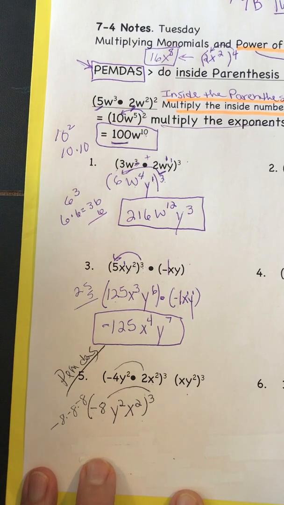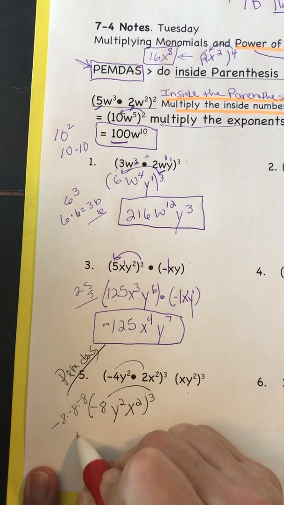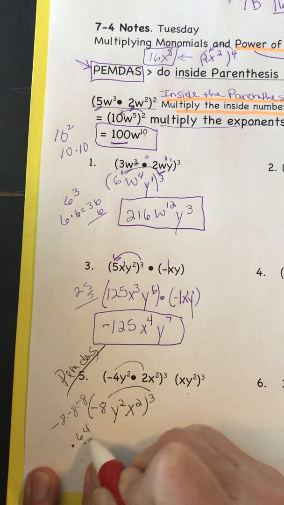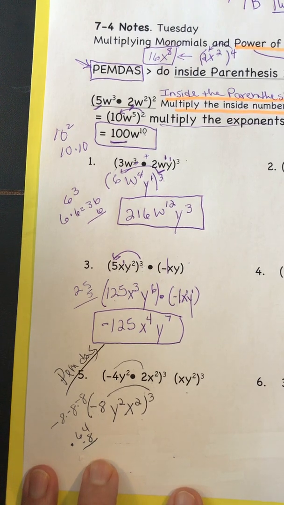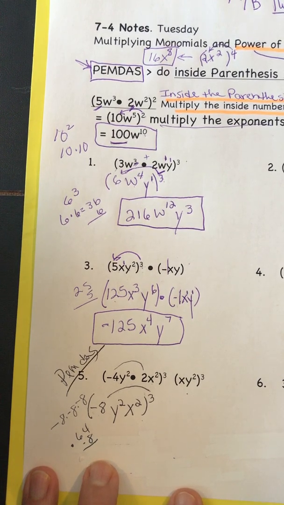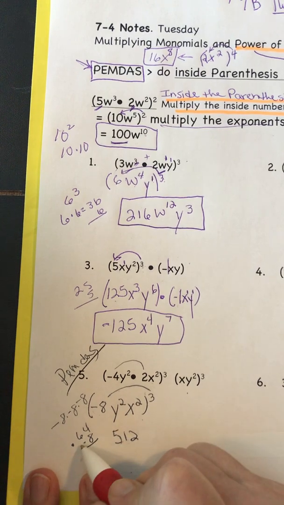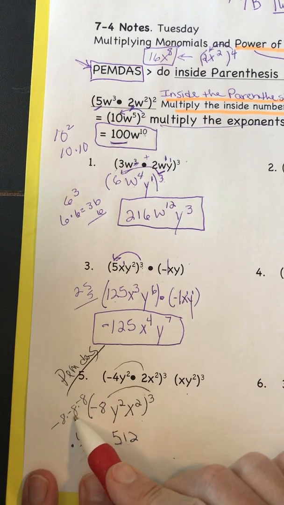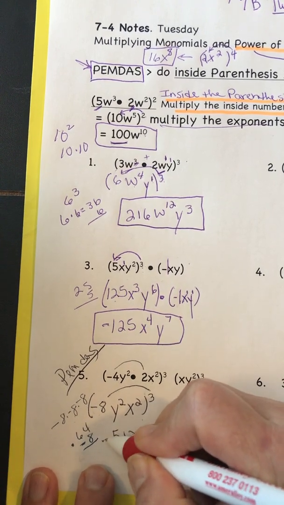A -8 times a -8 is 64, so I've got 64 times a -8. 64 times 8 equals 512, and it's negative because a negative times a negative is a positive, and a positive times a negative is a negative. So I'm going to put negative here.